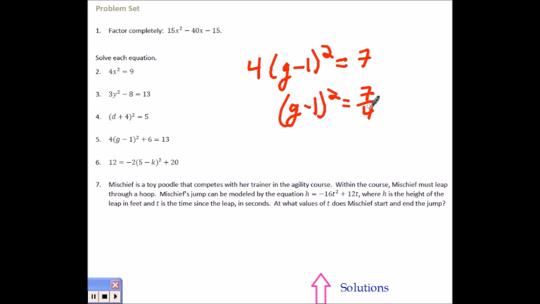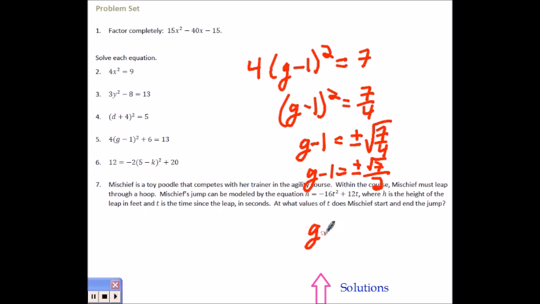Take the square root of both sides, I'll get g minus 1 equals the positive negative square root of 7 fourths, which actually is equal to positive negative square root of 7 over 2, because we can take the square root of 4 and get 2. Now I'll add 1 to both sides and get g equals positive and negative square root of 7 over 2 plus 1, and that's as far as I can go, so this is my solution.